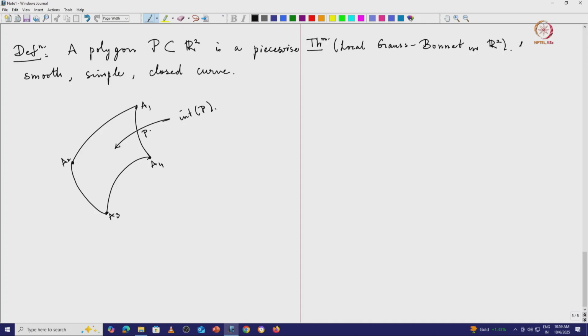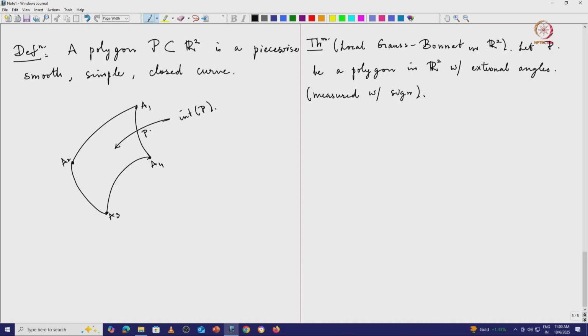So this says the following: let P be a polygon in R2 with external angles measured with the right sign.